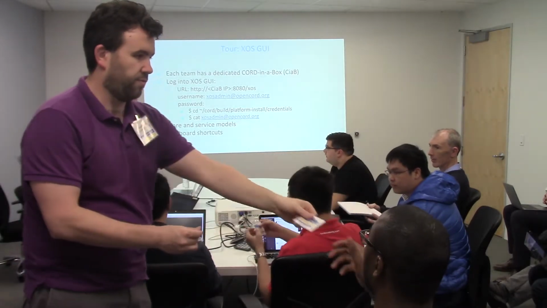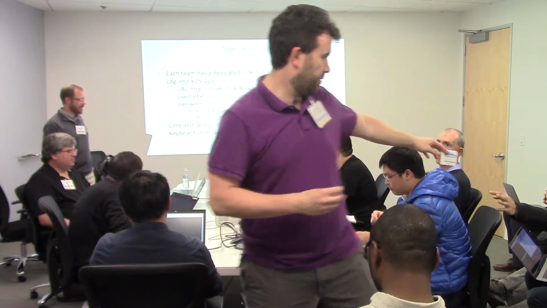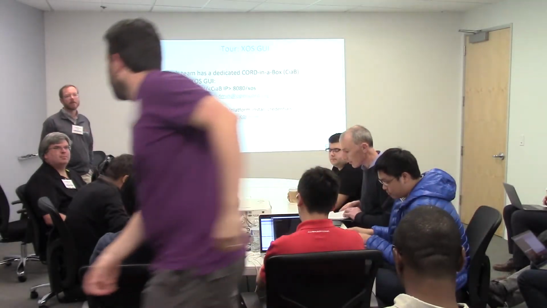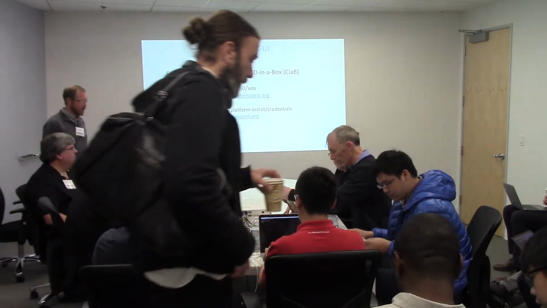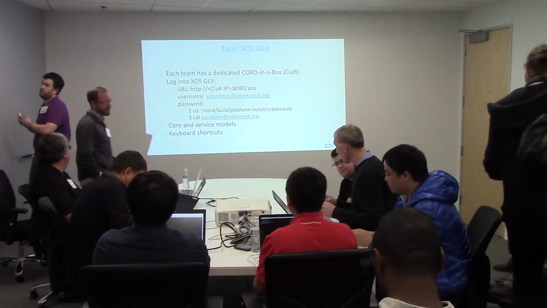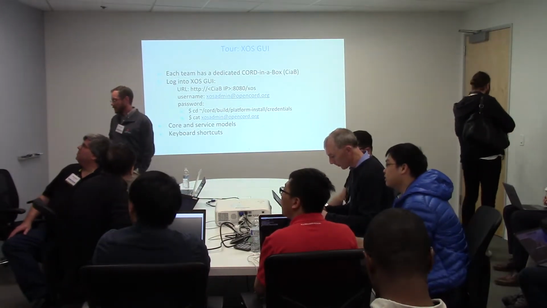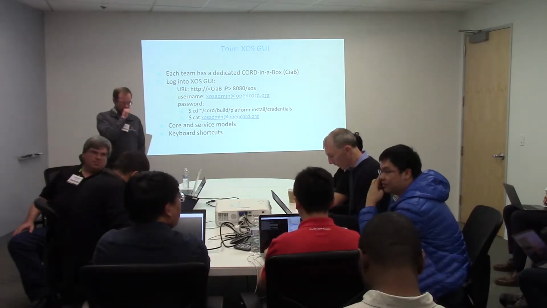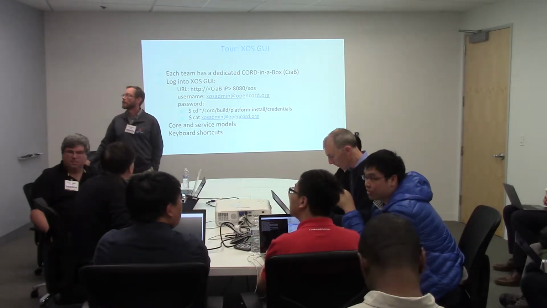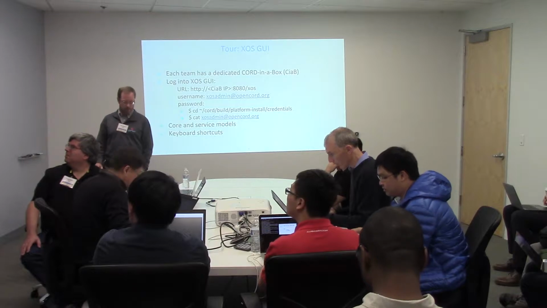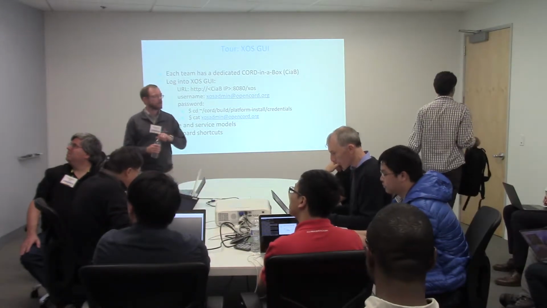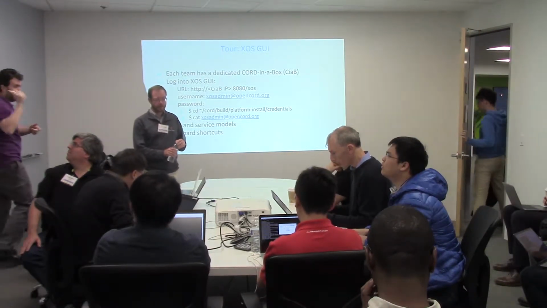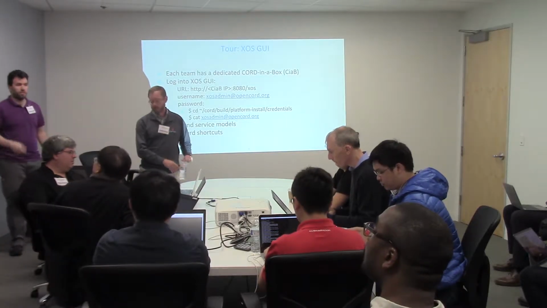So that's the IP address of your CORD-in-a-Box. The first thing you want to do is get on the network so you can access that IP. The password is org. Connect to that Wi-Fi network, and then you'll be able to SSH to this.